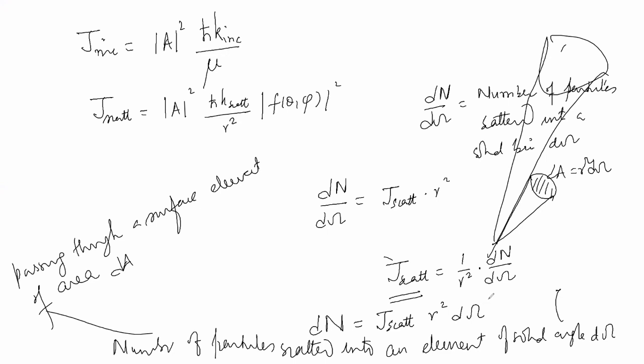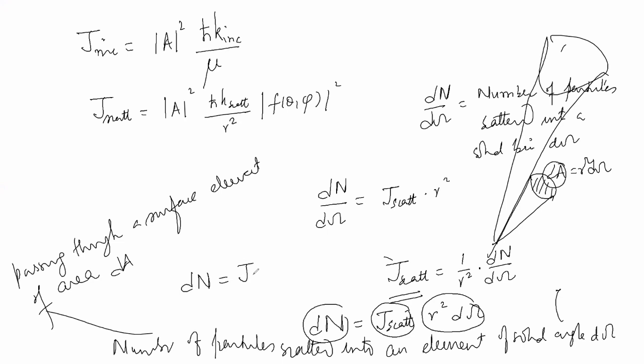Therefore, if it is the number of particles per unit area per unit time, then in an area dA, the total number of particles scattered will be this times dA, and that dA is nothing but r square d omega. There are various ways of writing this.